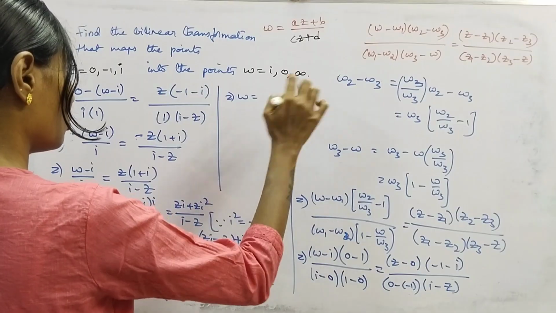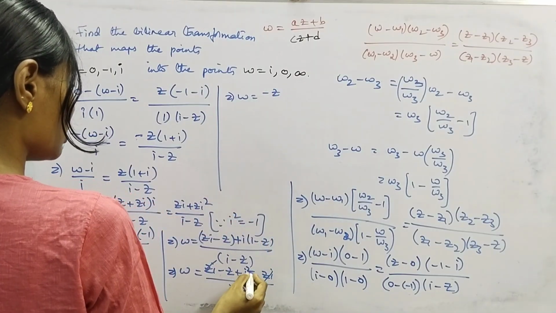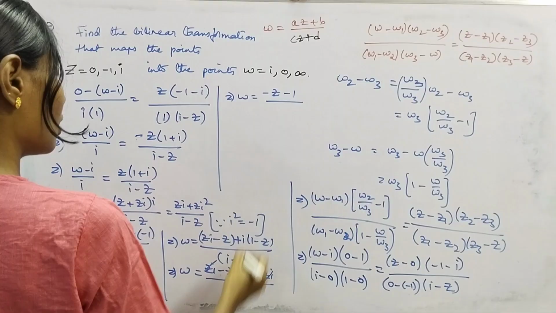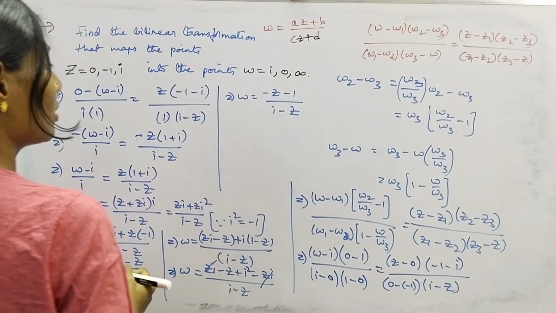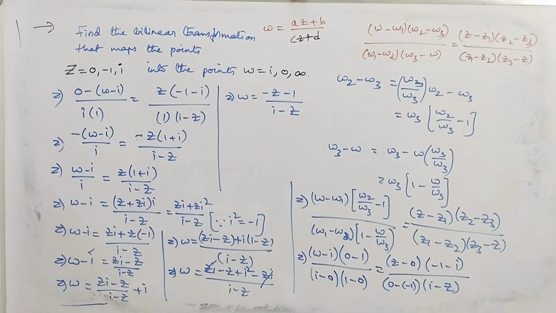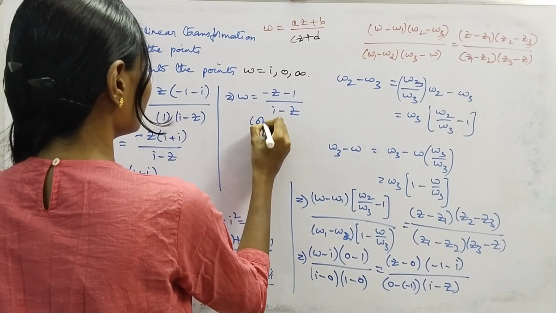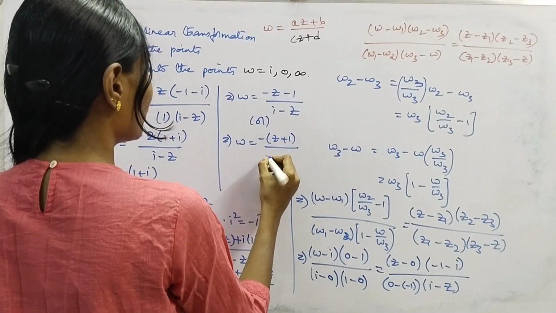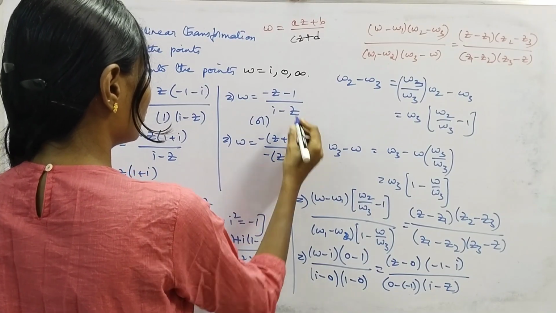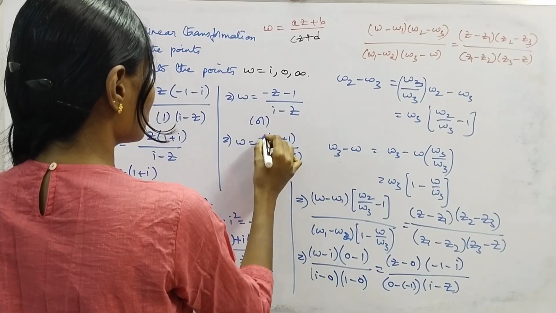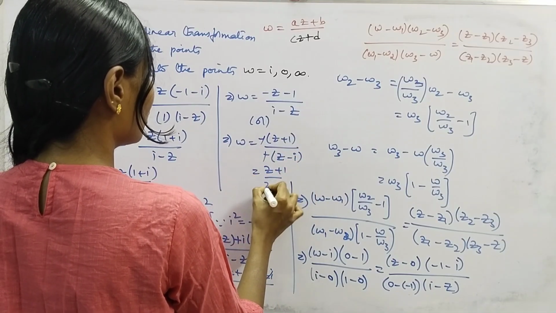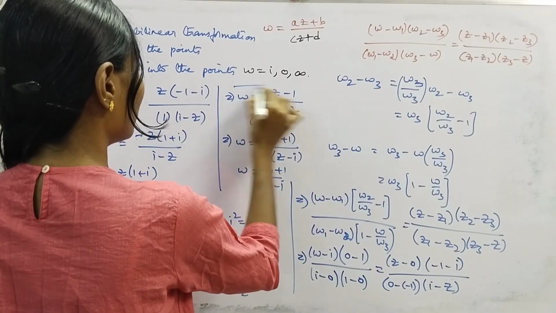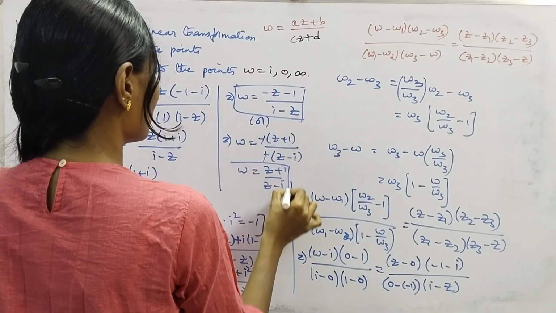Then you'll get minus z plus I square, I square is minus 1, by I minus z. Simply minus of z plus 1 by I minus z, or you can write this as omega equal to minus of z plus 1 by, you take minus common, in the denominator you'll get z minus I. Cancel this minus, you'll get z plus 1 by z minus I. Either you can write this or you can cancel minus and you can get this.